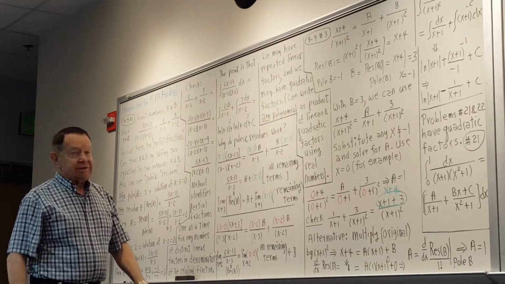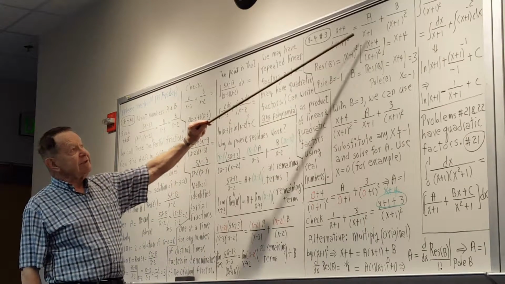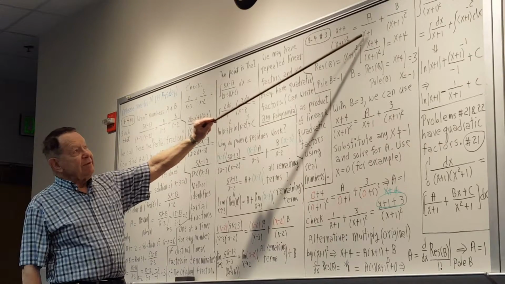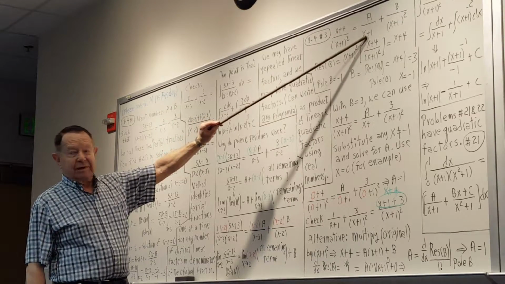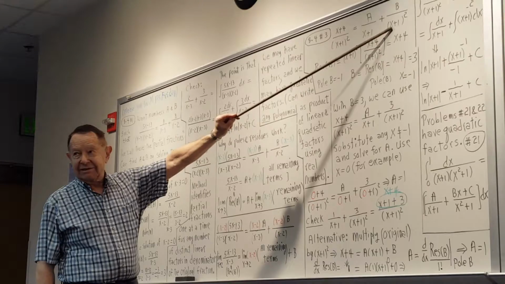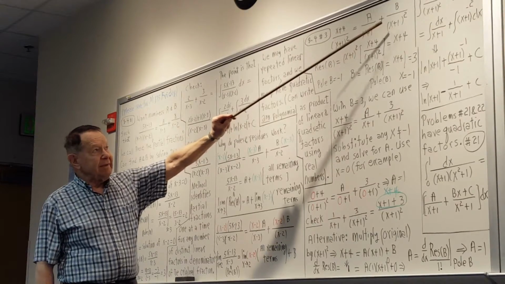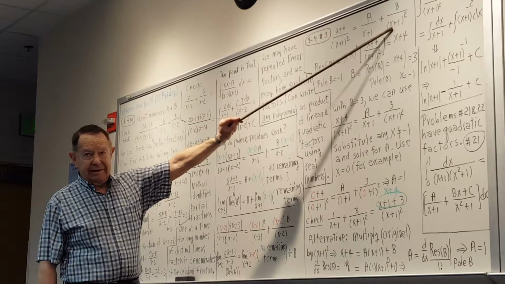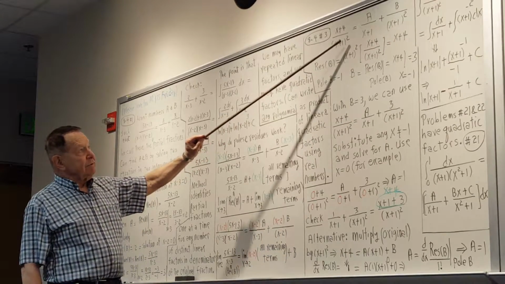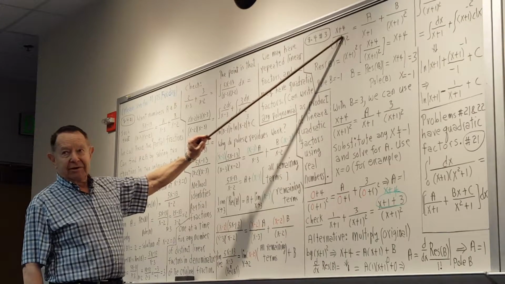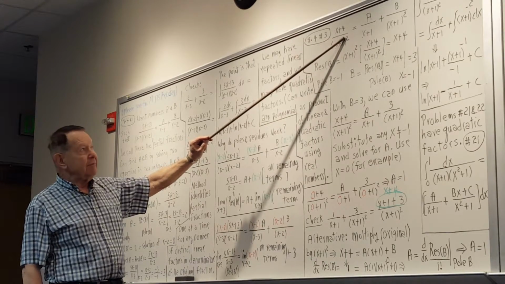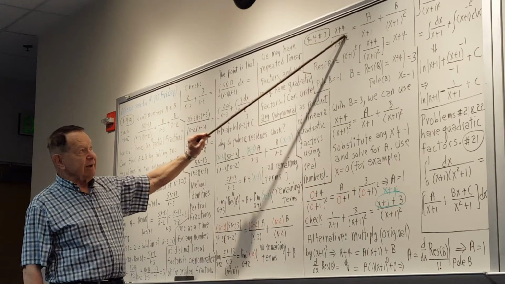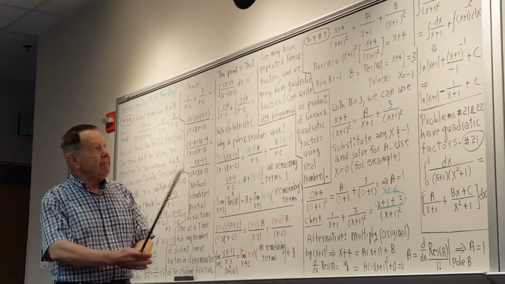So the question here is: do you multiply through by x plus 1, or do you multiply through by x plus 1 squared? The answer is you multiply through by the repeated linear factor to whatever is the highest power you have it in the original problem. So in this one, you have x plus 1 squared, so that's what you multiply by.